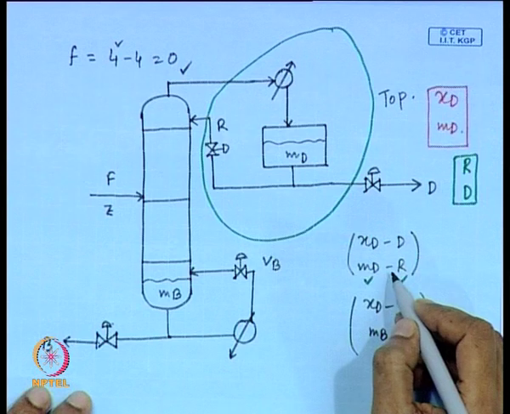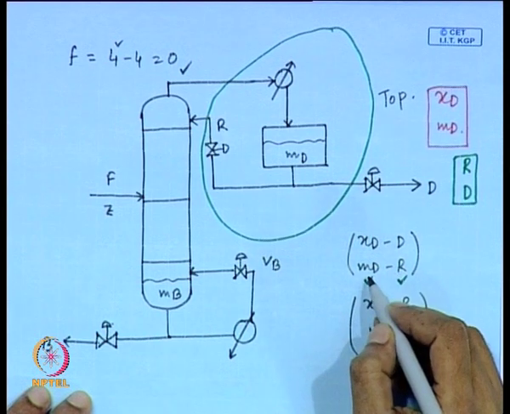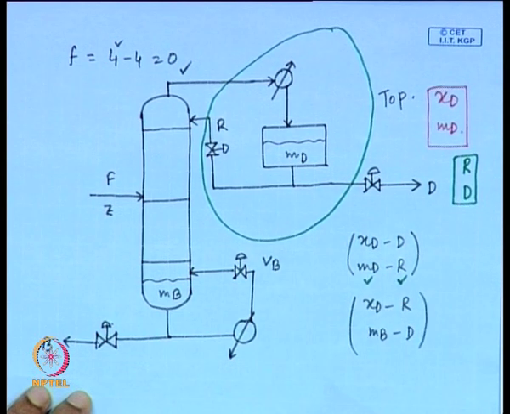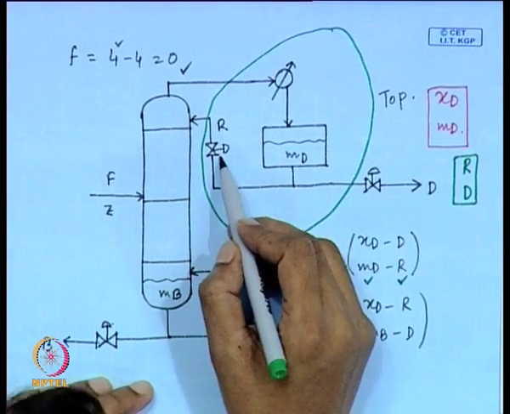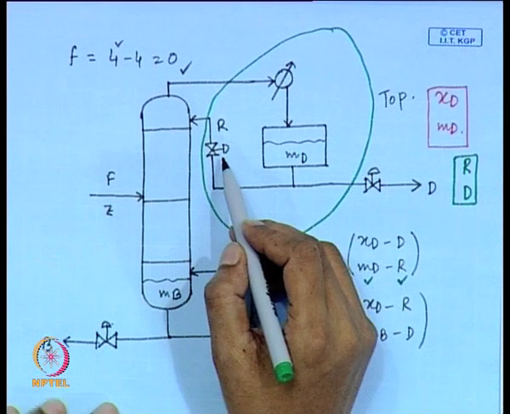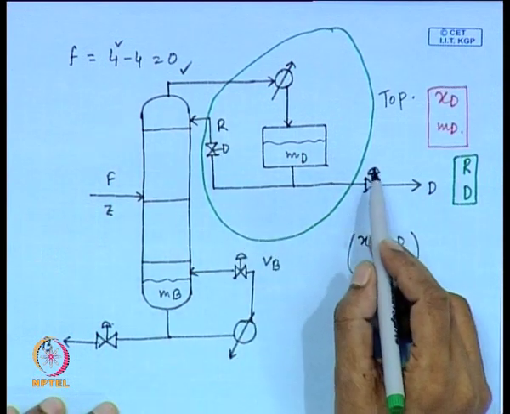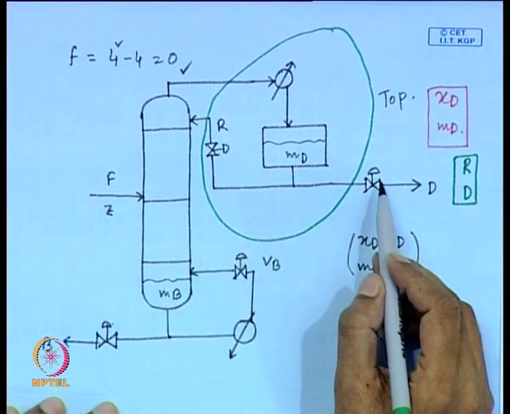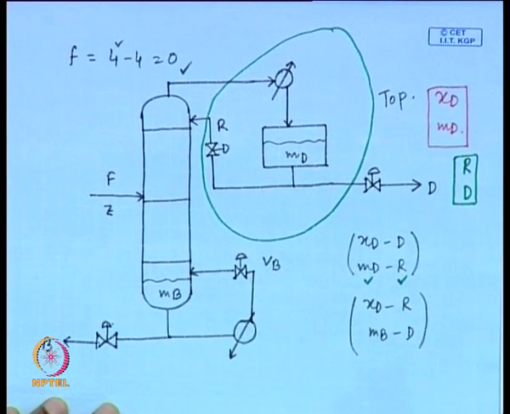If we consider the control of m d by the manipulation of r, we can easily do that, because this is also an outlet flow. So, we can choose any one for controlling the m d.